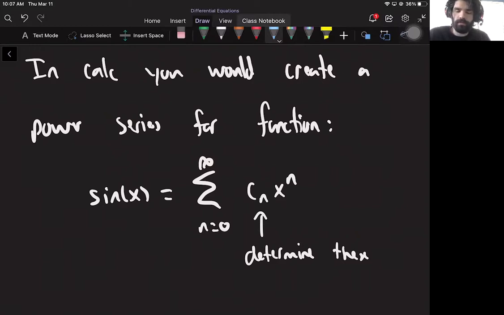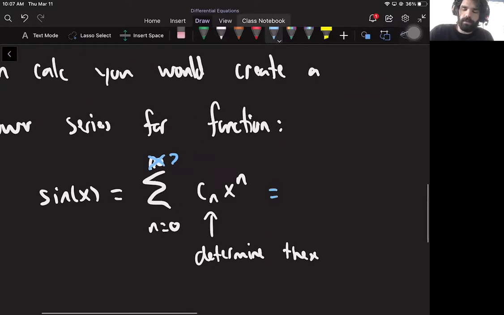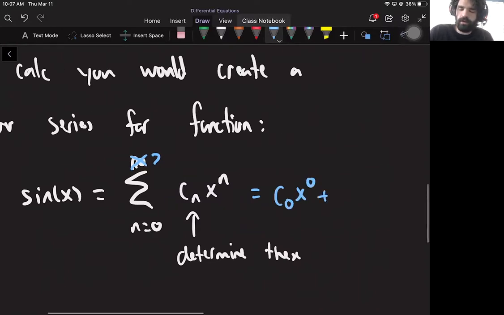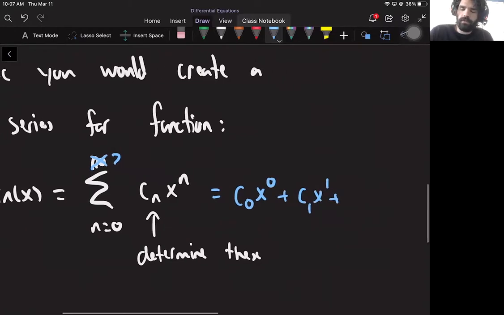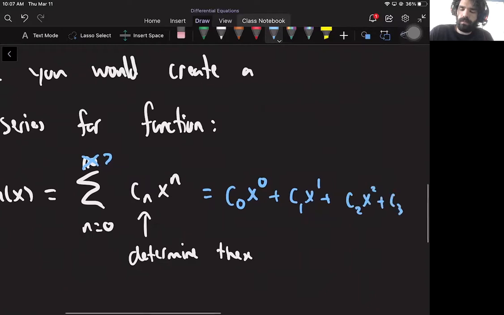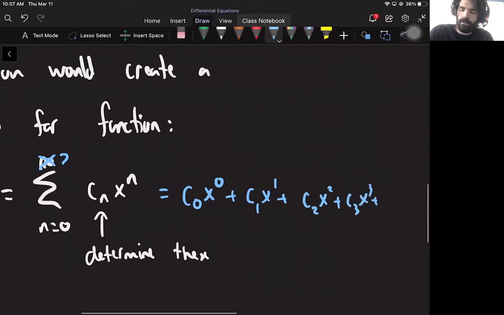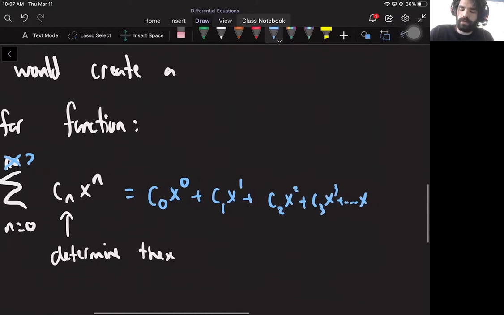And if you graph finite sums, so instead of going to infinity, you go to like 7 and you plot the first 7 of these as a polynomial on a graph, what you'll see is it sort of looks like sine around the point 0.